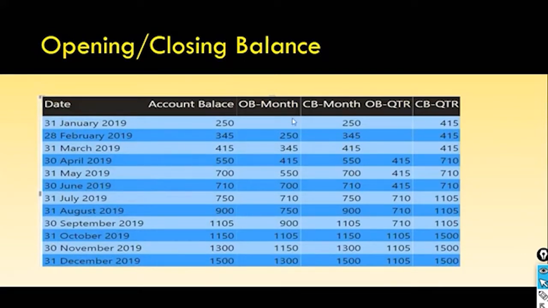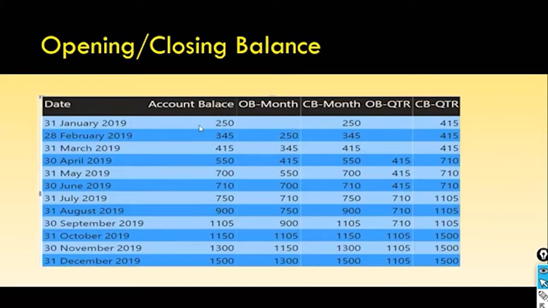With their help, we will arrive at these values. On 31st January, the account balance was 250. Before that, we don't have any data. Hence, the opening balance for January is blank.